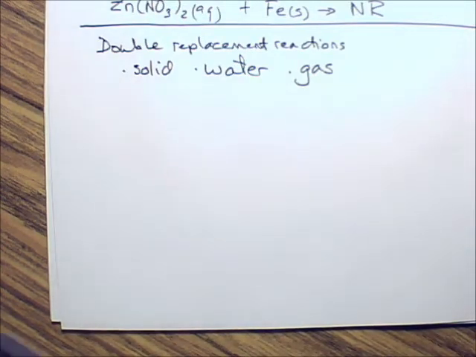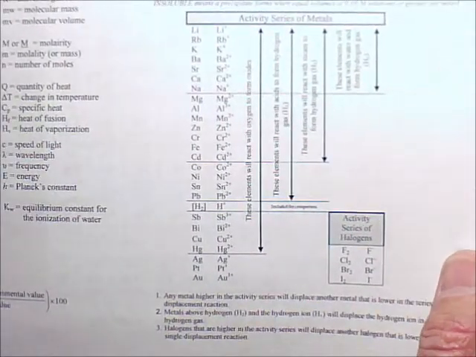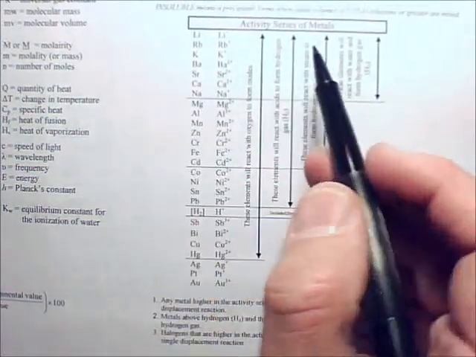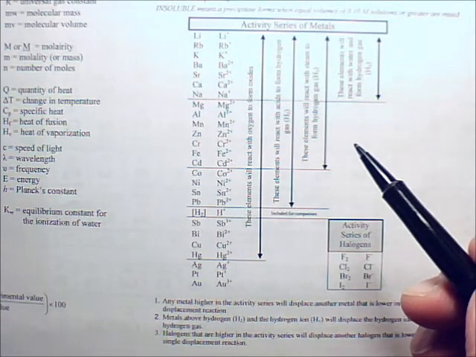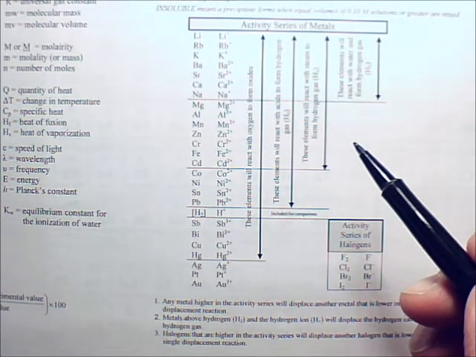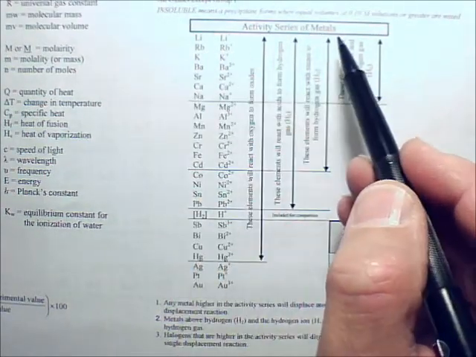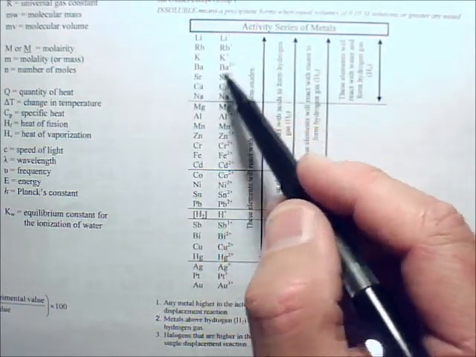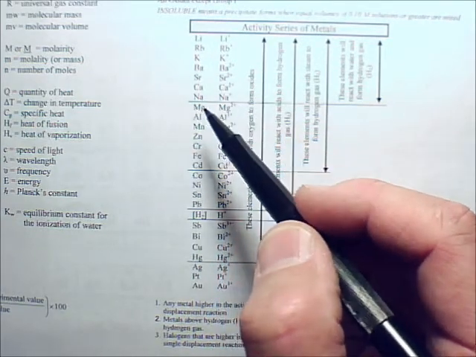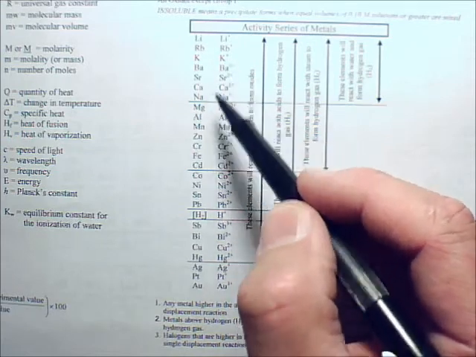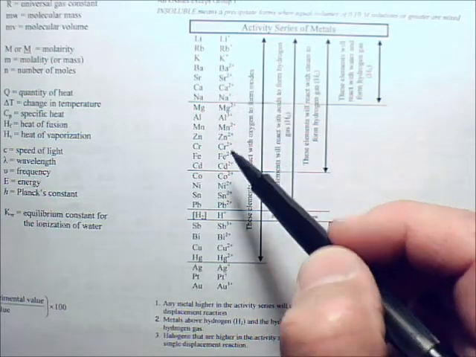Okay? So for single replacement reactions, the driving force is all about the reactants. Does the reactant element that's by itself sit higher on the activity series than the element in the compound?